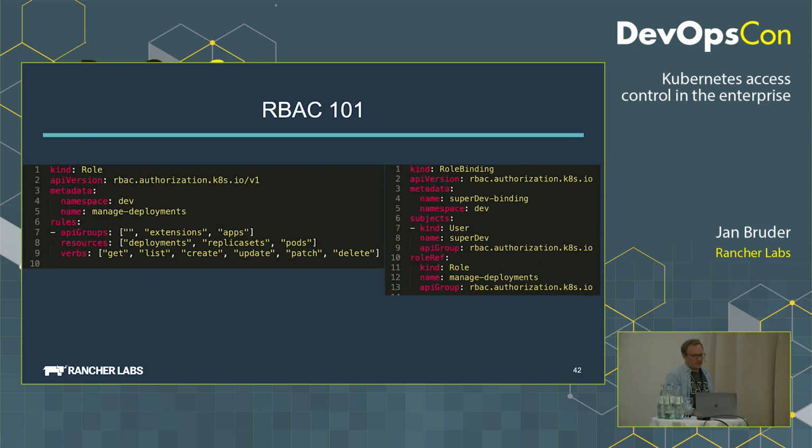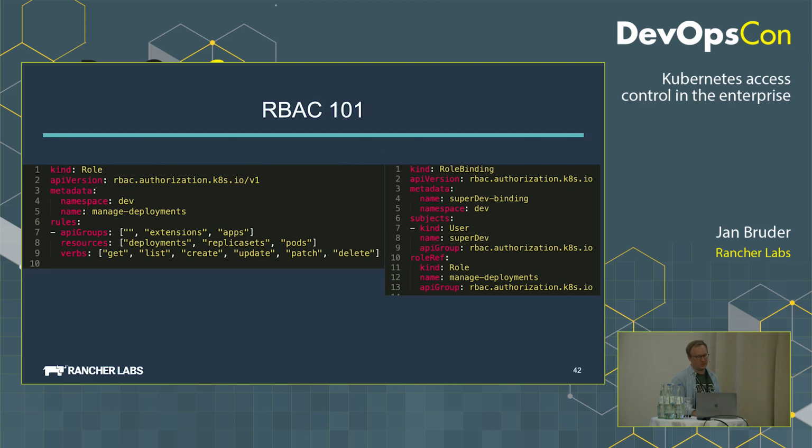Another thing, if you haven't used Kubernetes at all, is what you see here. This is a typical configuration file for Kubernetes. It describes an API object that should be created. This is how you do any configuration in Kubernetes.